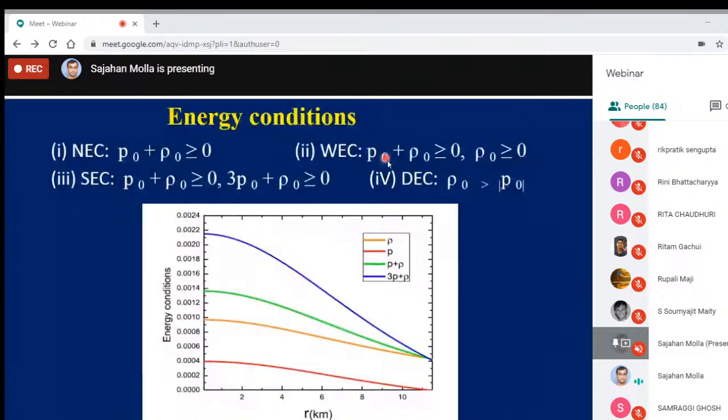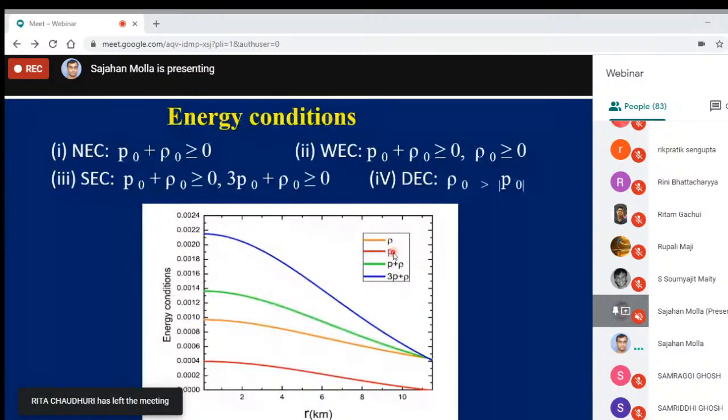We have got all the values from our calculation, plotted in the figure, and we have seen that the density and pressure required for the null, weak, strong, and dominant energy conditions are satisfied in our figure.